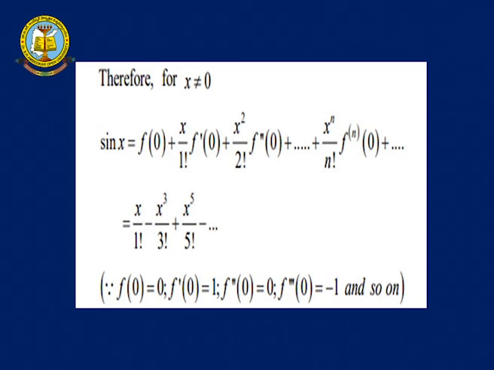That is why the sin x expansion becomes x by 1 factorial minus x cube by 3 factorial plus x power 5 by 5 factorial. Because already f of 0 is 0, f dash of 0 is 1, f double dash of 0 is 0, f triple dash of 0 is minus 1, and so on. So this is the expansion of sin x.